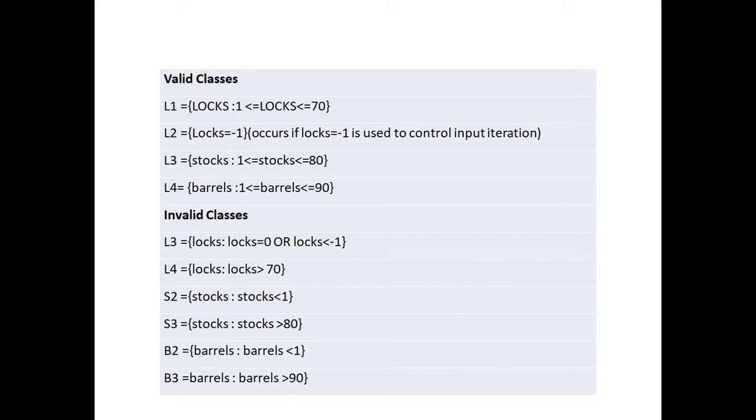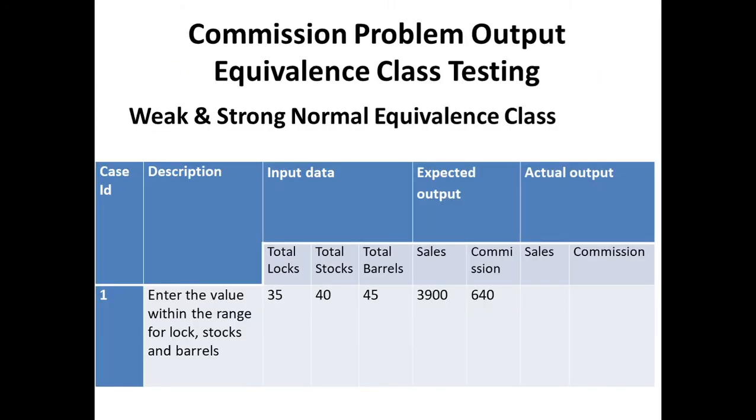Similarly for stocks, the values which are less than 1 and greater than 80. And barrels less than 1 and greater than 90. So these are the invalid cases for the commission problem.